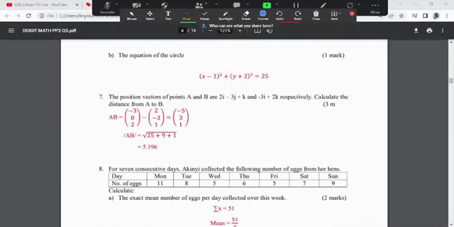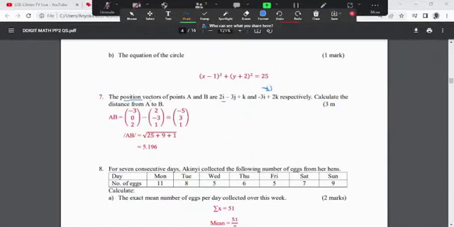Still, this question is like a repetition of what was there in question 6 part A. We are given the position vectors in terms of i, j, and k. When j is missing here, it means there is a plus 0j, and there is no need of indicating the 0.